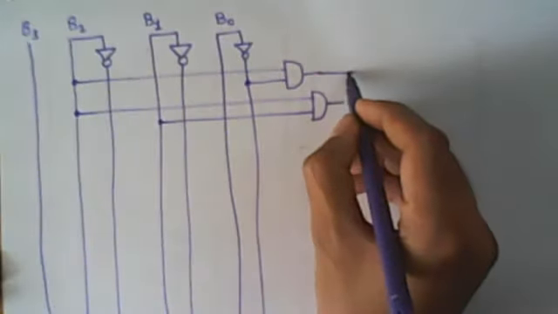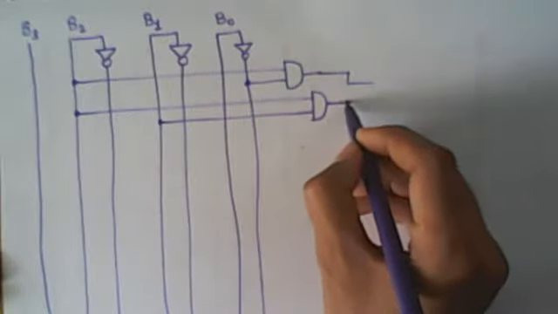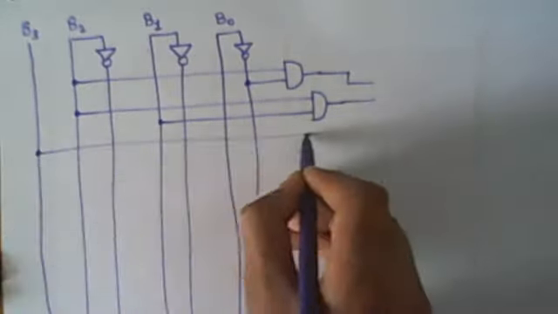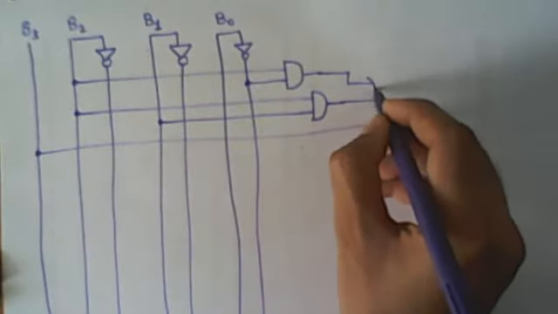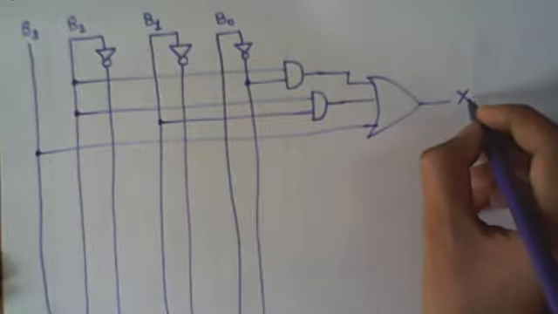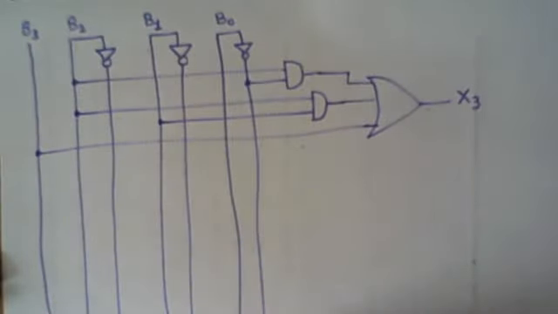These two are ANDed, ORing with B3 produces the X3.